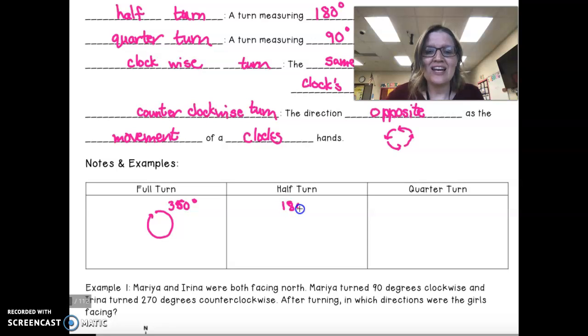Our next one is a half turn. That is 180 degrees. And it looks something like this. If this is where our angle was, we start here and we turn and we stop right here. And so it is the opposite side of where we began.